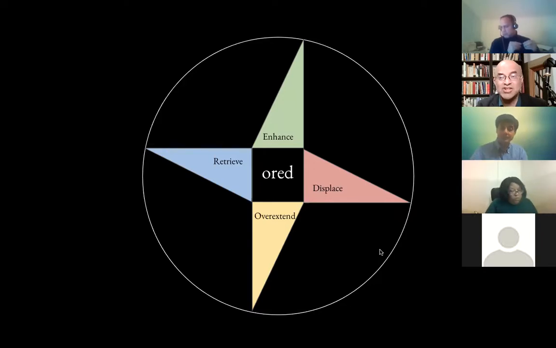It connects with the point that Sanjay was making, that this is not just an internal tool. This is a tool for looking at society, of saying, what is being done, what is happening. One thing I like about this design is that it has a built-in feedback loop. You're trying to maintain homeostasis. This is a way of saying, no matter how much you get carried away with enhance, pay attention to what you're displacing. Check if you are overextending.